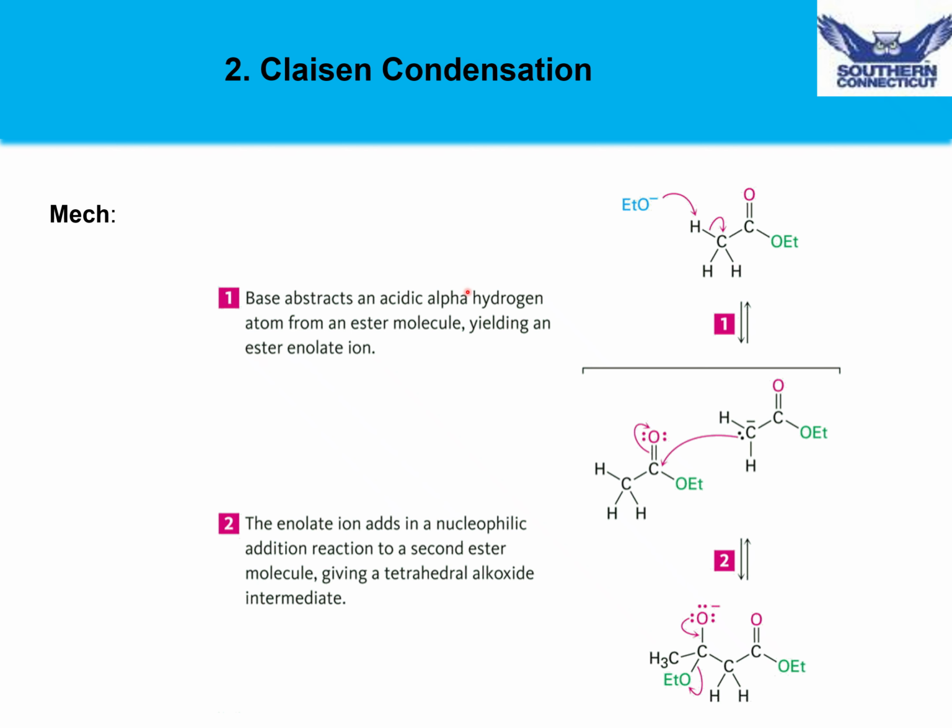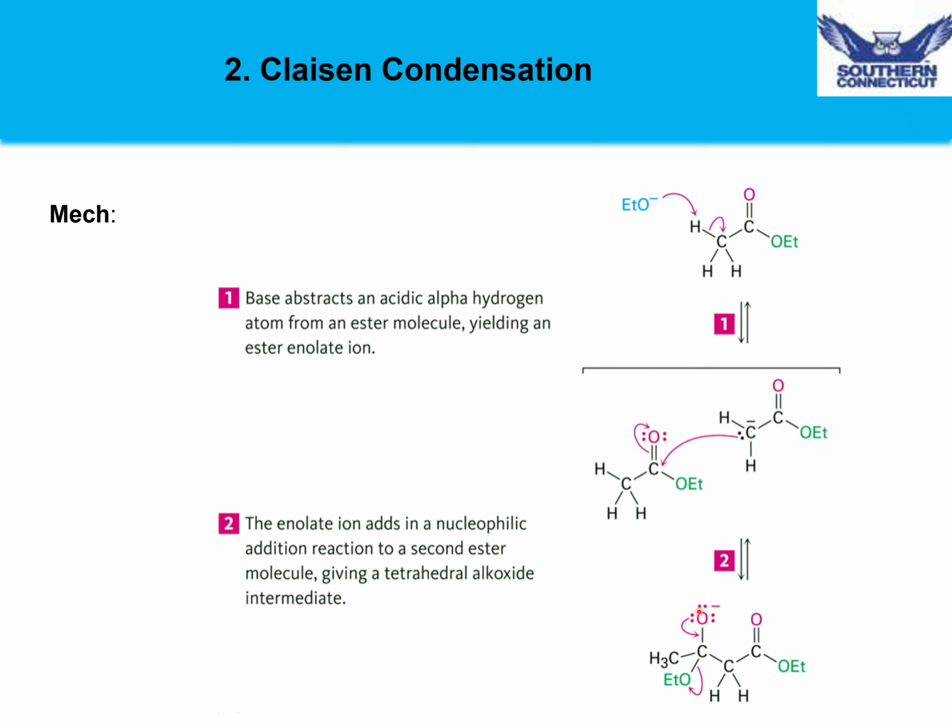Let's take a look now at the mechanism for the Claisen reaction. The reaction starts with a base, such as ethoxide, deprotonating an alpha hydrogen on one of the ester molecules. That forms an enolate, as shown here, which will attack the carbonyl of another ester molecule, forming a tetrahedral intermediate, as shown in the next structure.